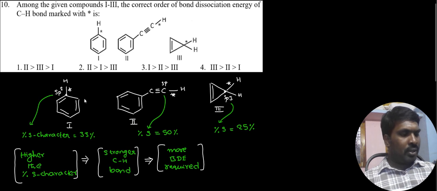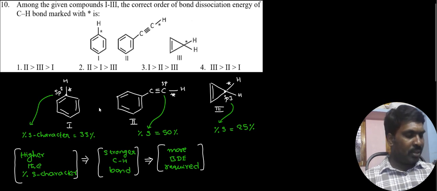Benzene carbon is double bonded, sp2 hybridization, phenylacetylene carbon is triple bonded, sp, and cyclopropene carbon is single bonded, tetrahedral, sp3. Now in sp2 hybridization percentage s character is 33%, in sp hybridization 50%, in sp3 25%.